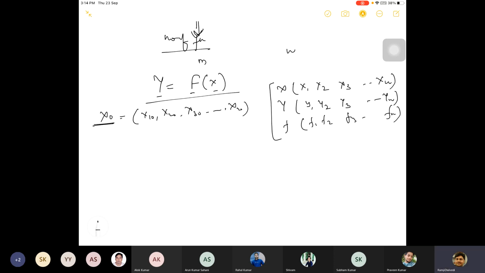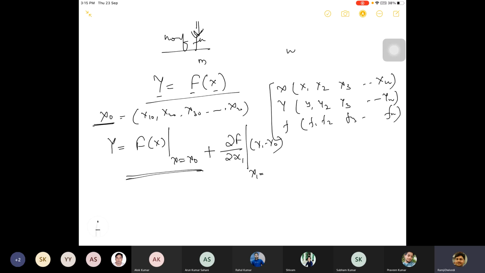We take the initial values of the variables and linearize. The first step is y equals f(x) at x equals x naught, plus del f by del x1 times (x1 minus x1 naught), plus del f by del x2 at x equals x naught times (x2 minus x2 naught), and so on.